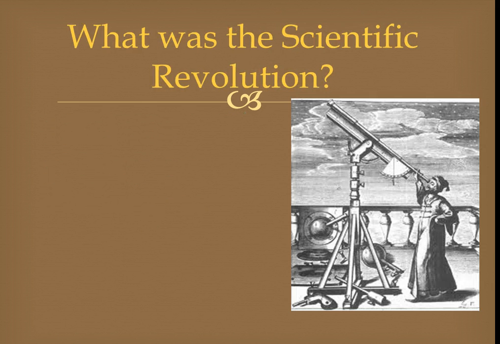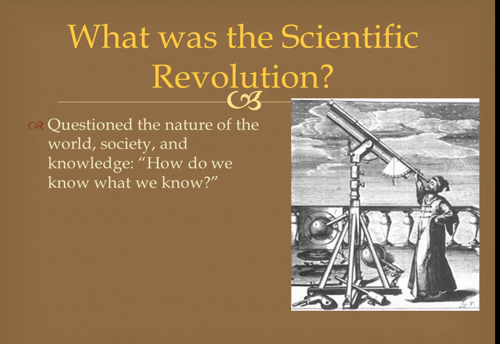Continuing on with those notes, the scientific revolution questioned the nature of the world, society, and knowledge. So think about how influential the church was. At this time, they started to think that maybe things should change as humanist and secularist thought shifted away from the ultra-religious view that God is the only one who knows anything about the world and the only one who can find out.